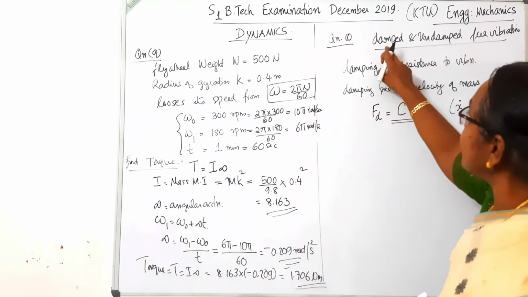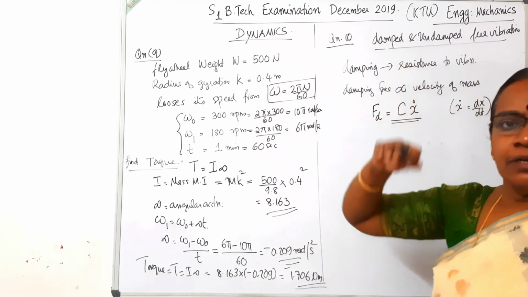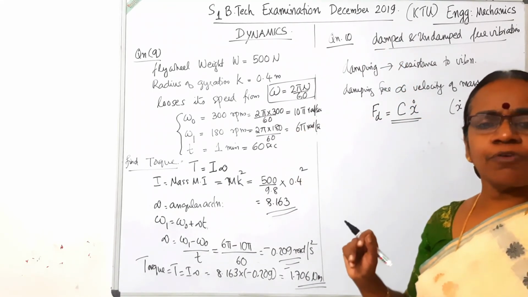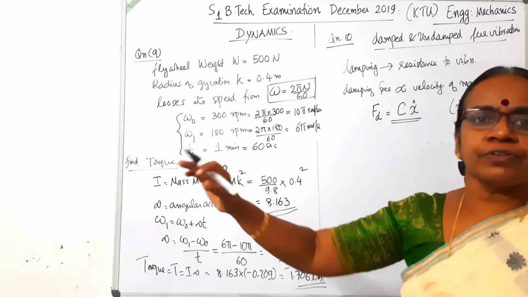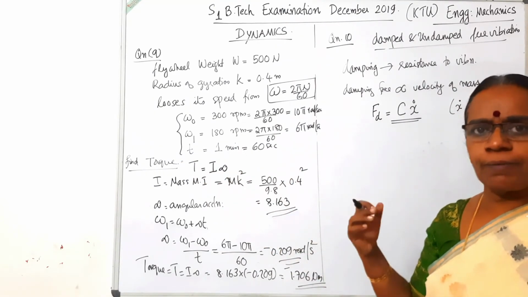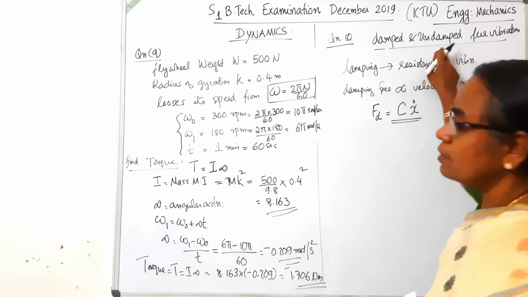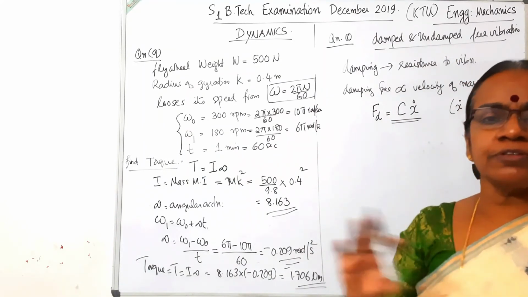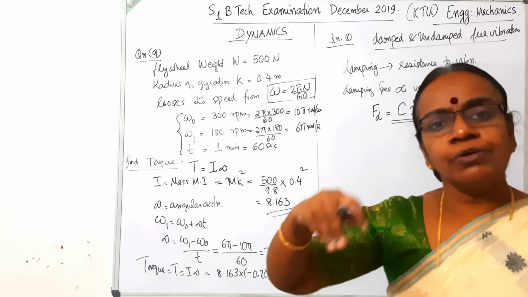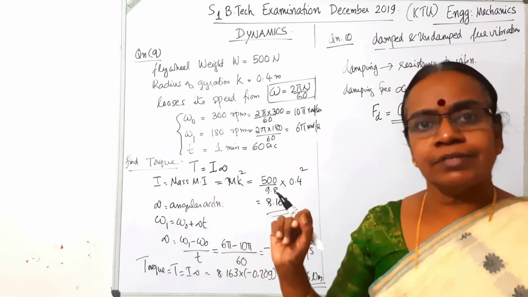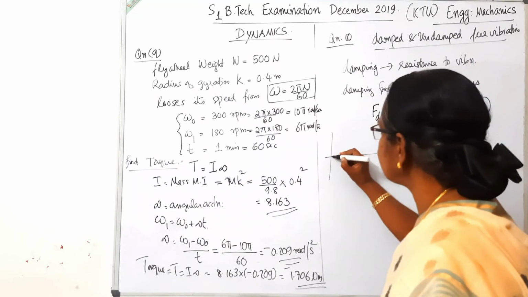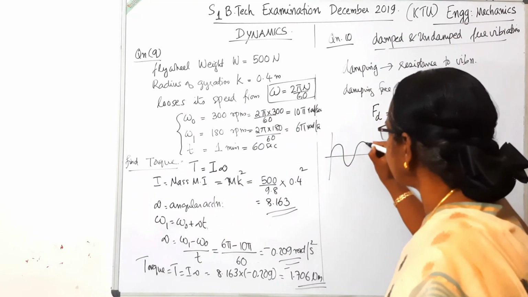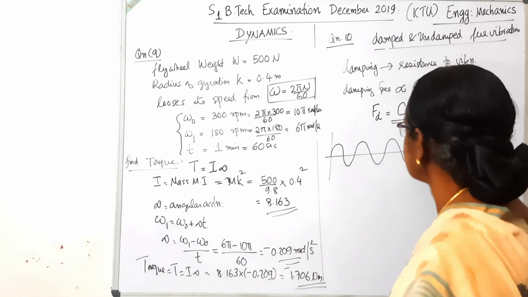So a damped system means a system of vibration in which the amplitude of vibration reduces with time. That's the normal practice. An undamped system means there is no damping, there is no resistance to vibration. So the body goes on vibrating with the same amplitude. If I represent in a figure the amplitude for an undamped vibration, it will be like this.